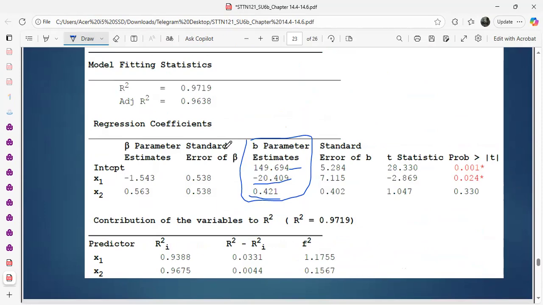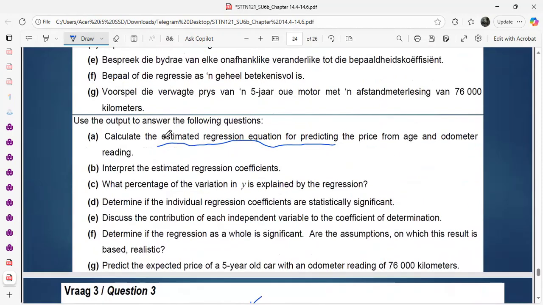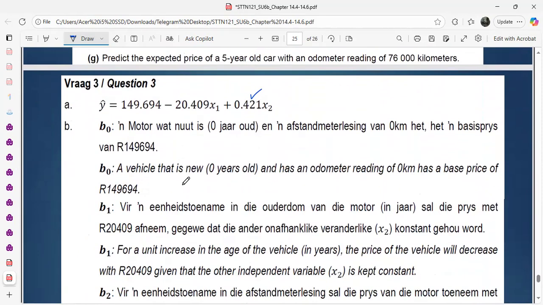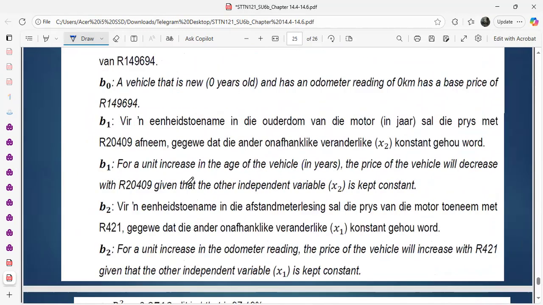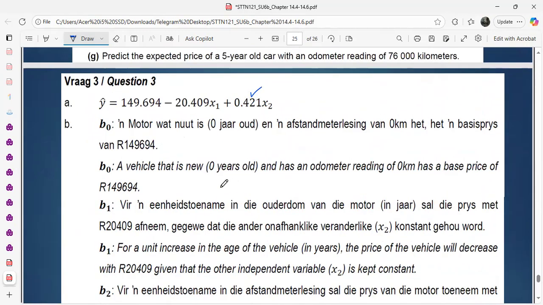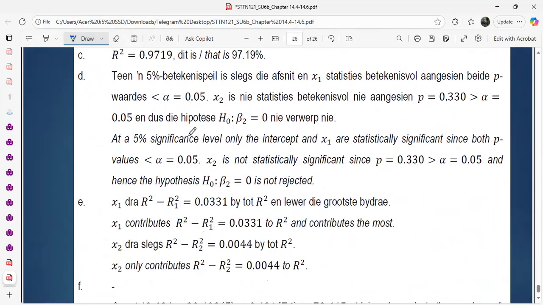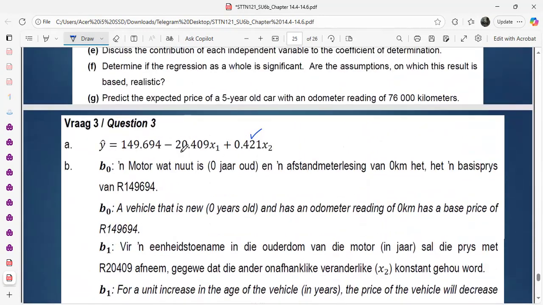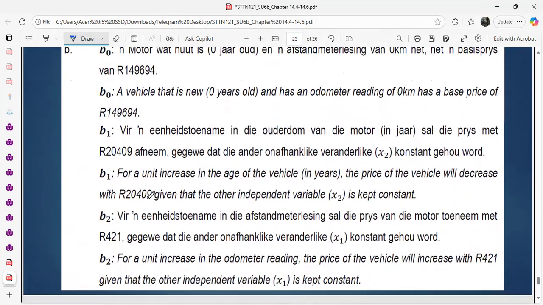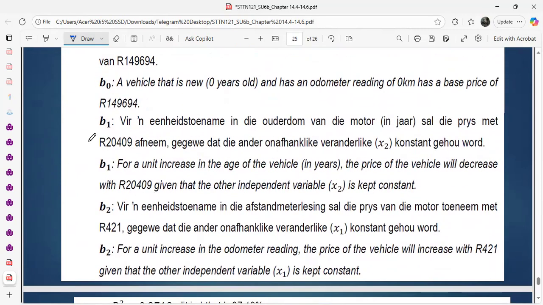Now, the question wants us to interpret. It's English plus Afrikaans.